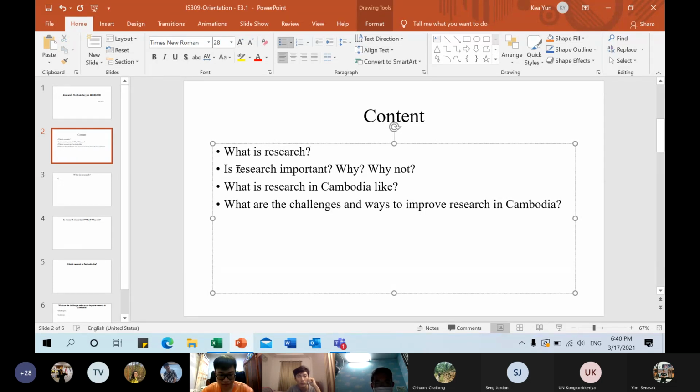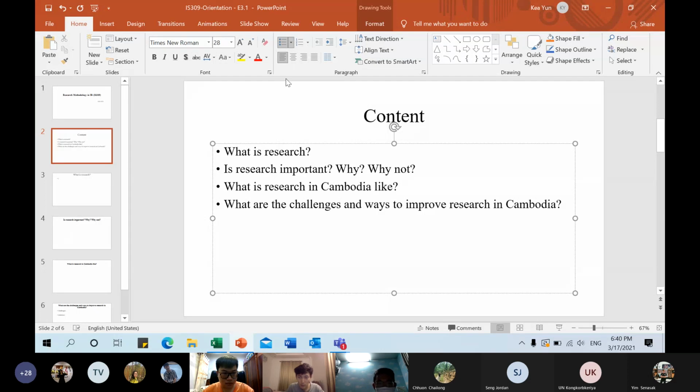Second, look at the importance of research. So we ask the question: is research important? Why or why not? I will assign you into groups, and you try to discuss among your groups to get the answer to this question.